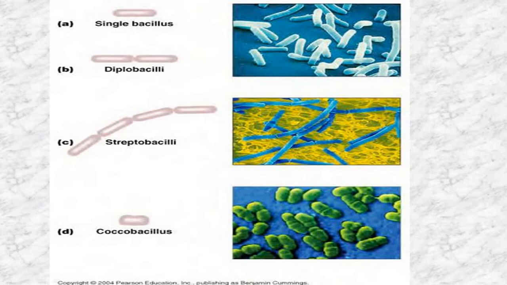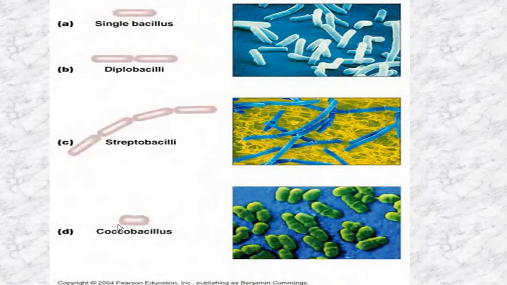Second is bacilli. These are rod-shaped bacteria and they always divide at one plane, that is a vertical plane. If it divides into two, this is called diplobacilli. If it divides into a number of cells by vertical division, it forms a chain of cells that is called streptobacilli.